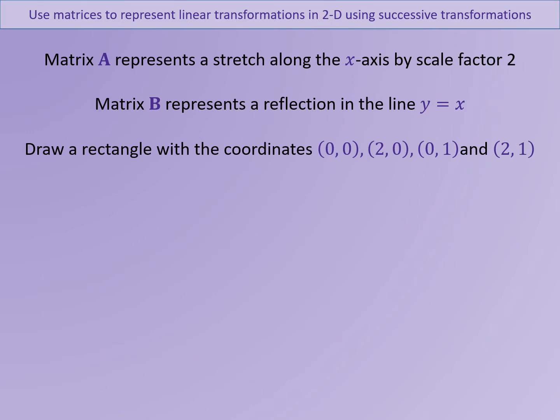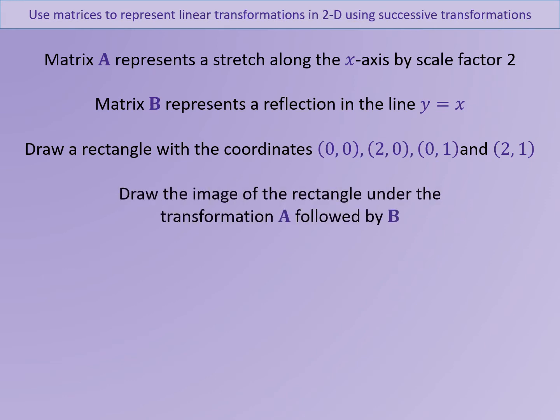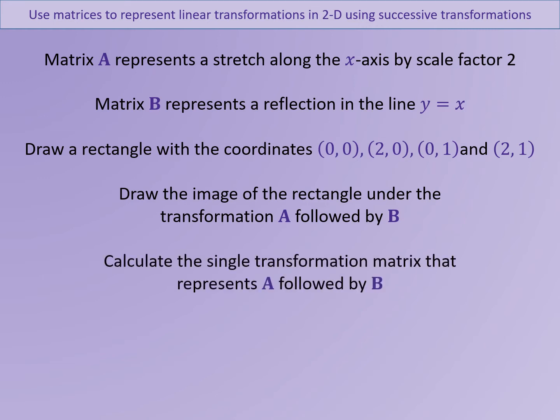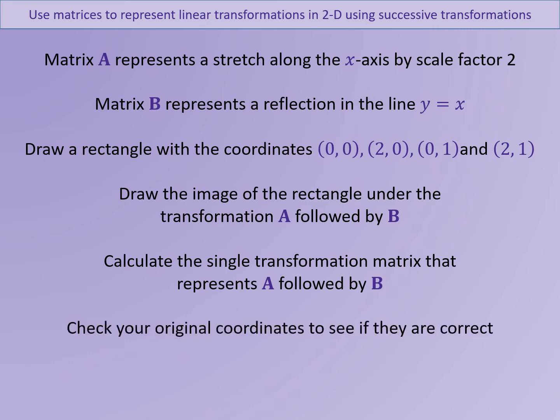We're going to complete a method similar to how we did in a previous lesson, where we draw the rectangle with the coordinates (0, 0), (2, 0), (0, 1) and (2, 1), and then draw the image of the rectangle under the transformation A, followed by the transformation B. And then we're going to calculate the single transformation that represents A followed by B. And then we're going to check to see if our original coordinates are indeed correct. And finally, we will repeat this for the transformation B followed by A.